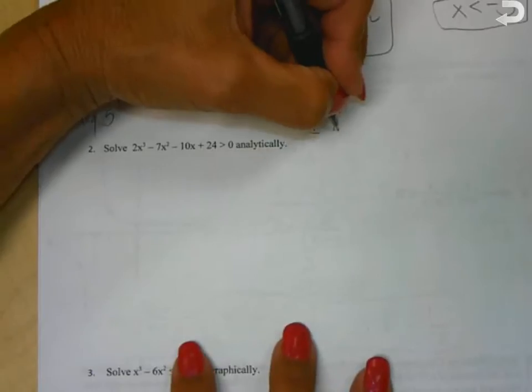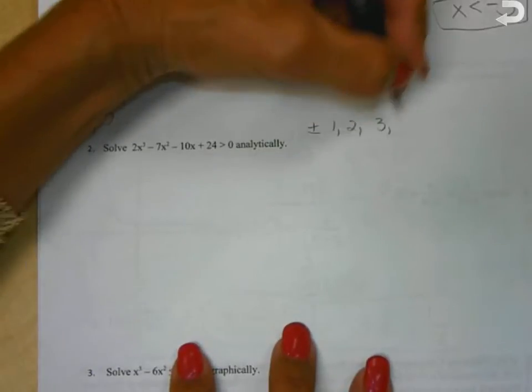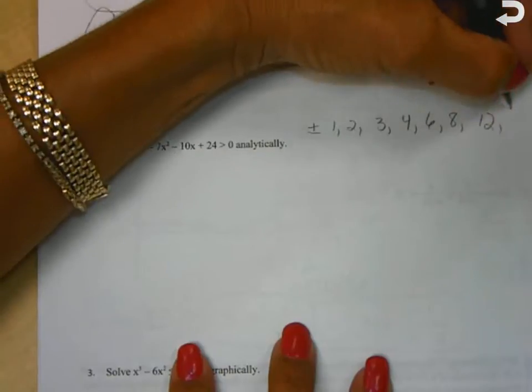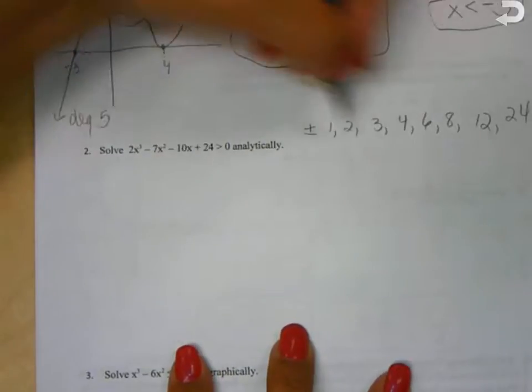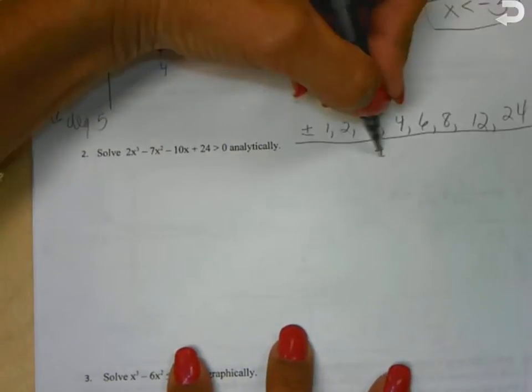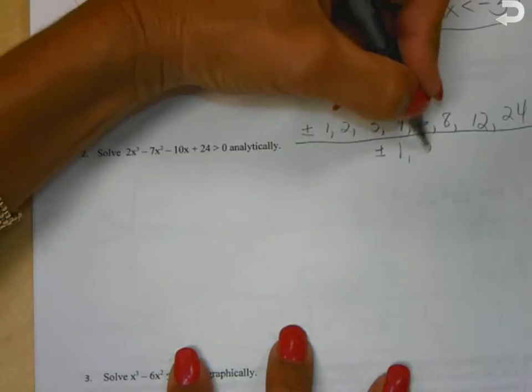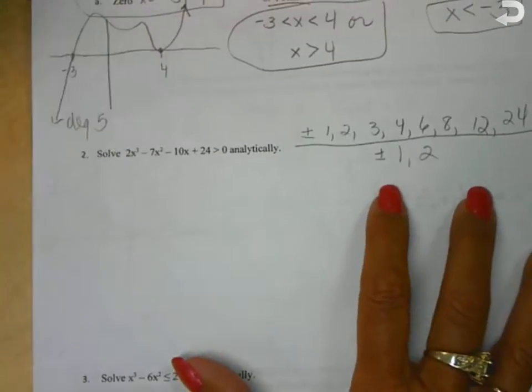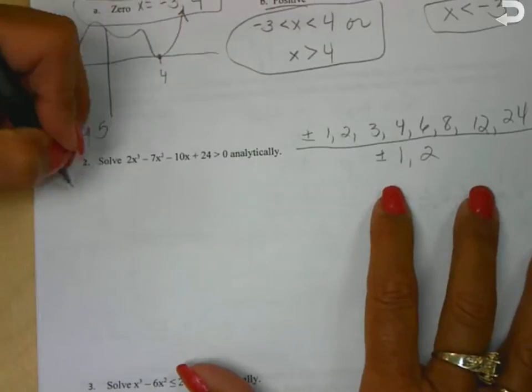Our rational root theorem would say there are lots of possibilities. There are a lot of factors of 24. All those plus or minus being divided by 1 or 2 can all be possible rational solutions.